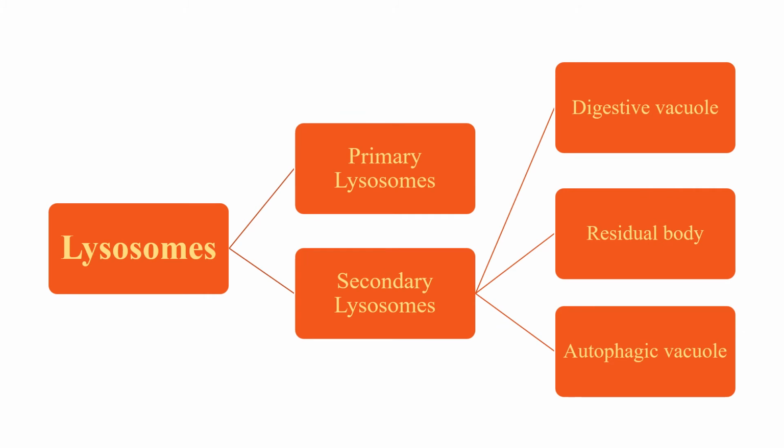There are two types of lysosome, primary and secondary lysosome. In the primary lysosome, the first reaction, that is the acid phosphatase reaction, takes place. The secondary lysosome are of three types.